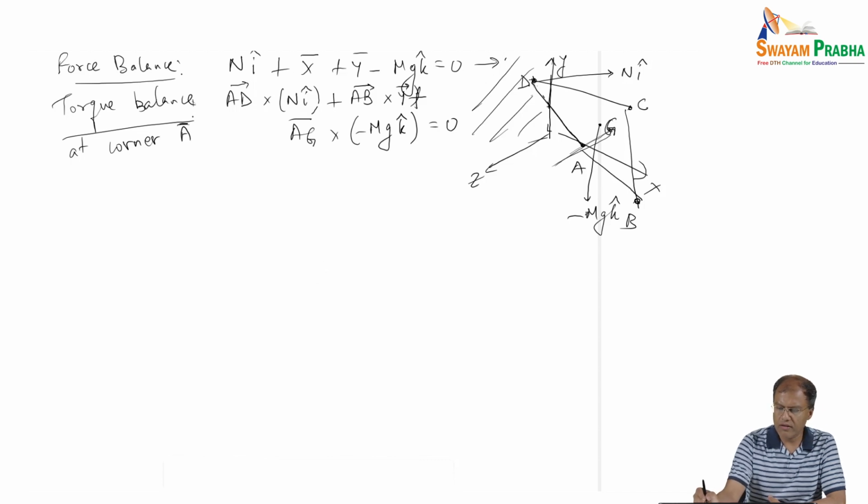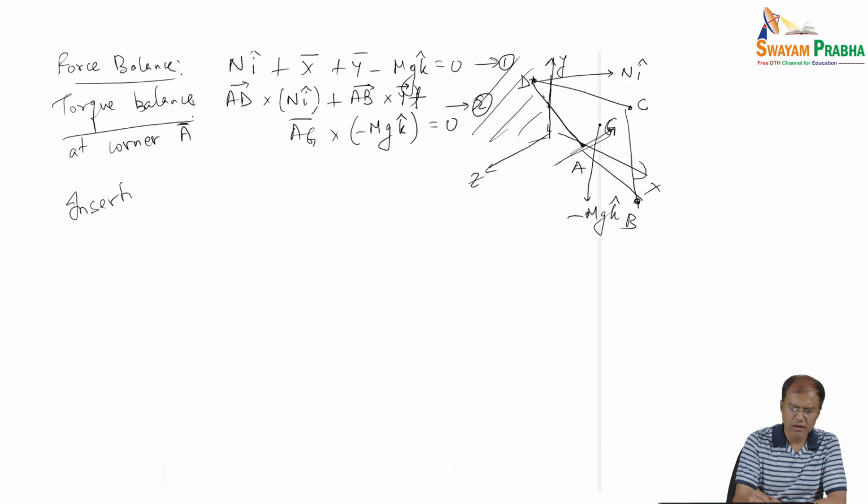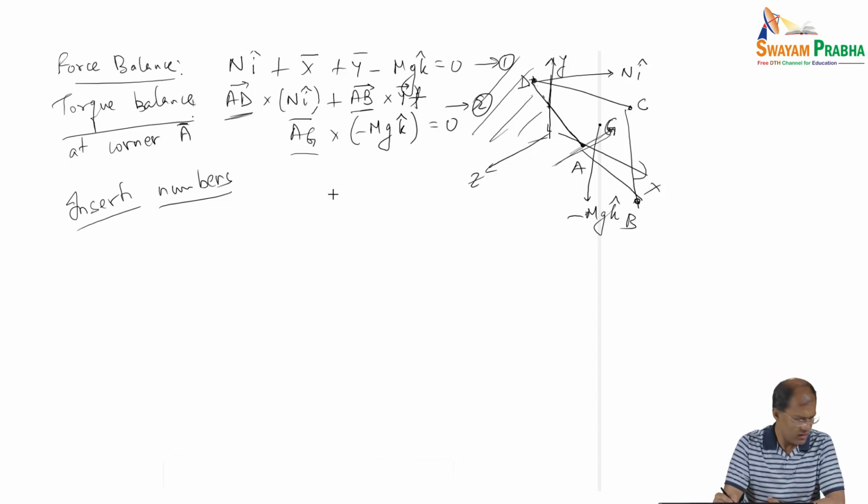Now let me call these equations number 1 and 2, and what we see is we now start to insert numbers, whatever is given in the problem. We can find all these distances AB, AD, AG and so on, and we will see that the equations are as follows.